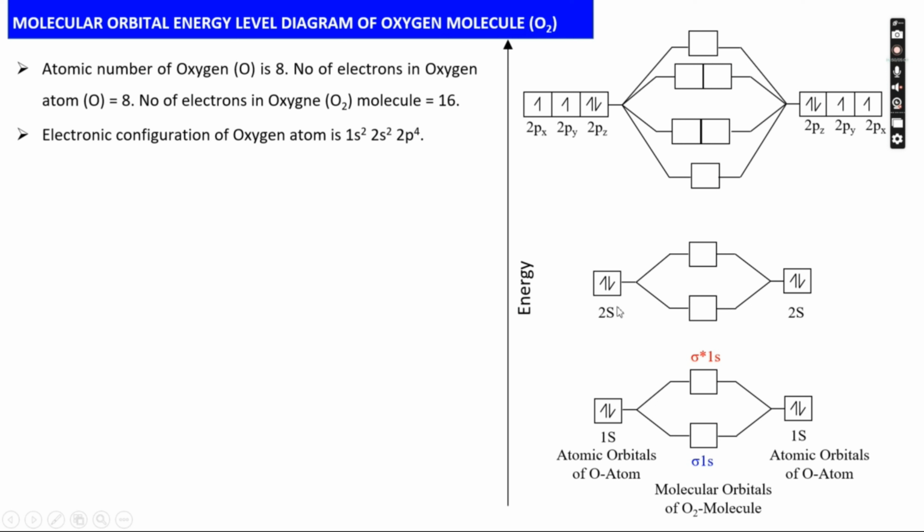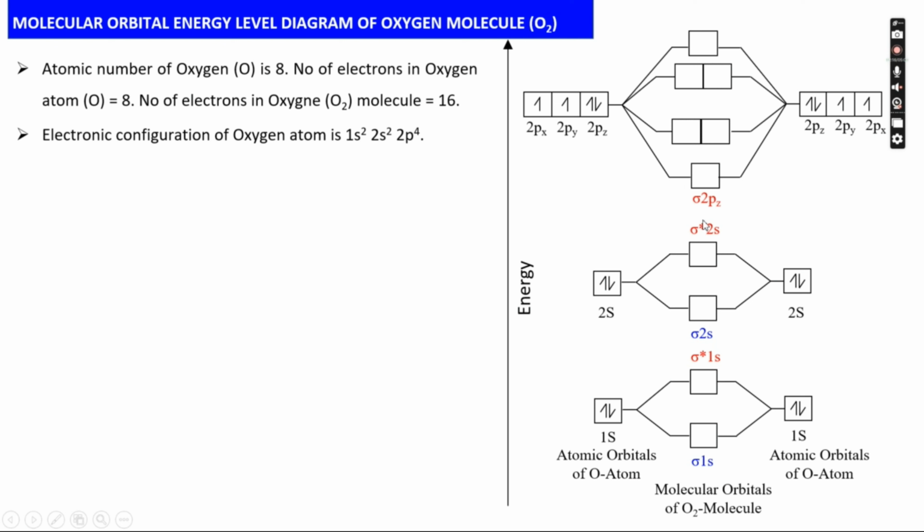After this, a 2s atomic orbital can overlap with another 2s atomic orbital, leading to the formation of sigma 2s, and automatically the antibonding molecular orbital is named sigma star 2s. The 2pz atomic orbital can overlap with the 2pz atomic orbital of another oxygen atom, leading to the formation of a sigma molecular orbital due to symmetry criteria.